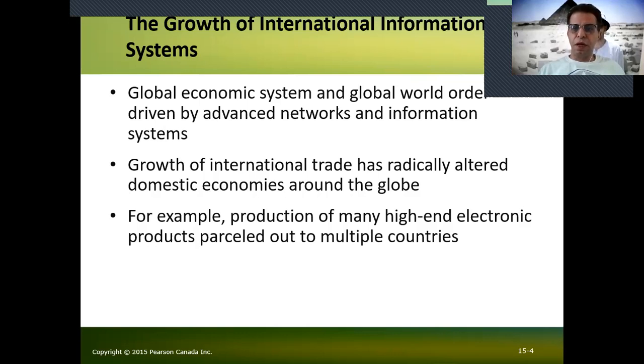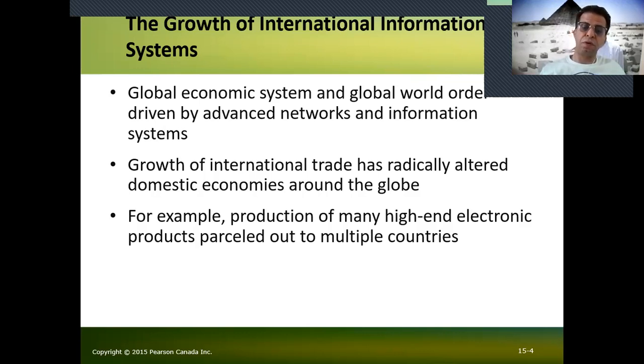The growth of international information systems, the global economic system, and a global world order are driven by advanced networks and information systems. We learned from the earlier chapters that this is what drives the global economic system. The growth of international trade has radically altered the domestic economies around the globe.